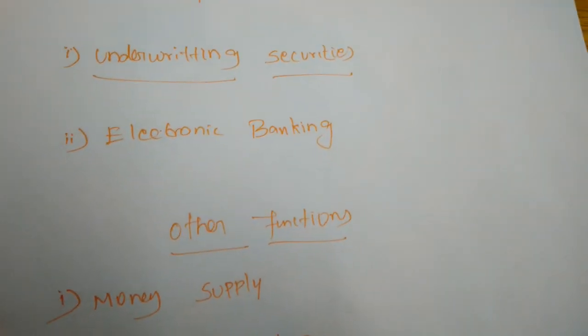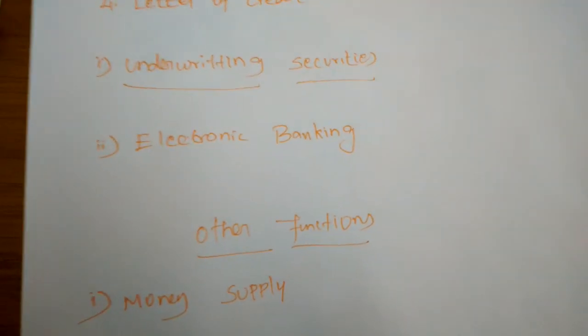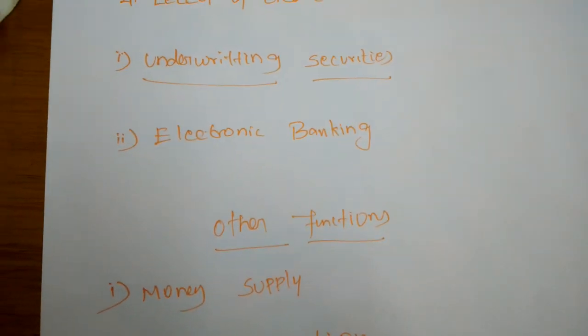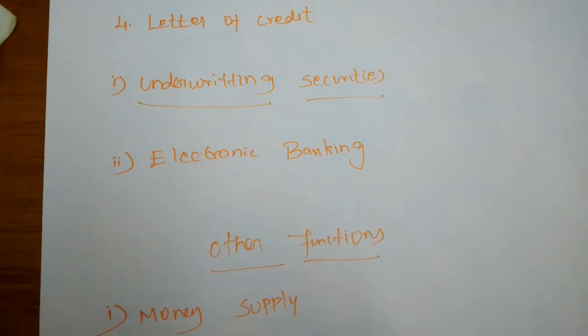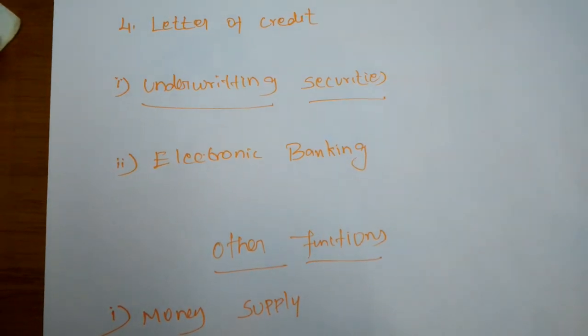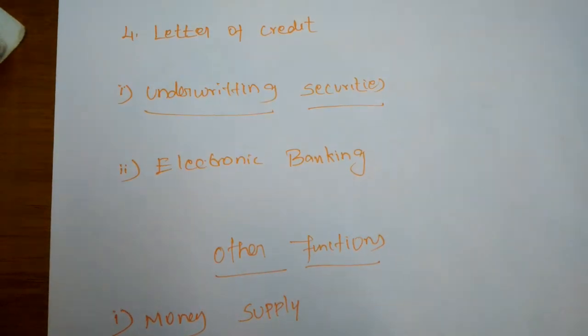Next, underwriting securities. Commercial banks also undertake the task of underwriting securities, as the public has full faith in the creditworthiness of banks. The public does not hesitate to buy securities underwritten by banks.